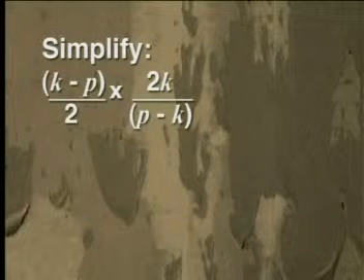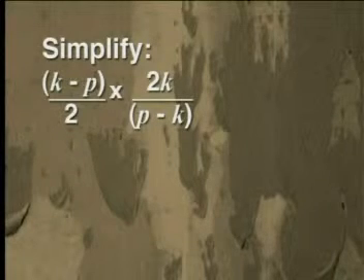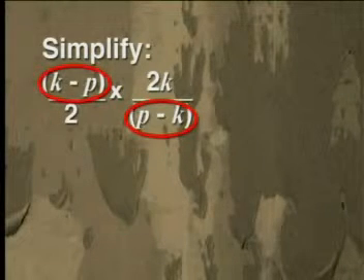Let us see what is required in the third example. We have to simplify this multiplication: k minus p divided by 2 multiplied by 2k divided by p minus k. But can we cancel straight away? No, because these brackets are not really the same.